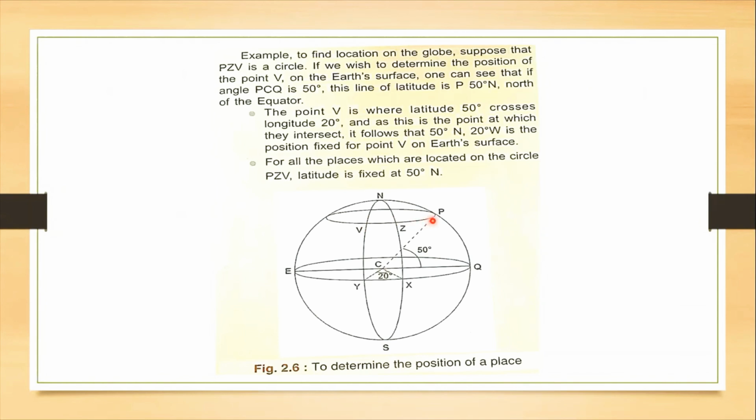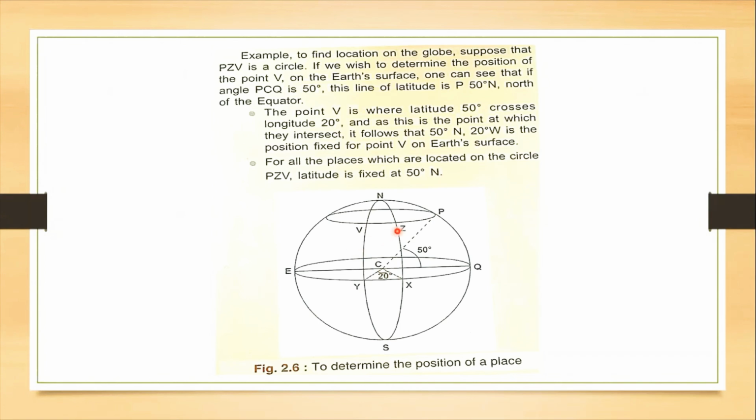Now we have to find the longitude of this imaginary place V. You can see this longitude goes like this, and from the center of the Earth you have to measure the angle with the protractor like this. Then you will get 20 degree. So the longitude of the imaginary point V is 20 degree west.